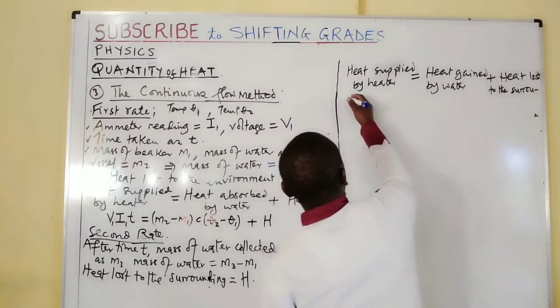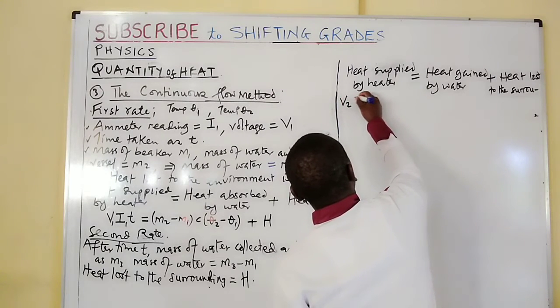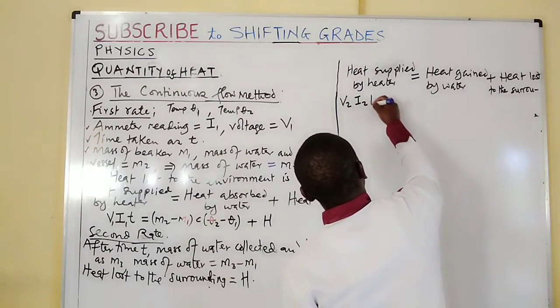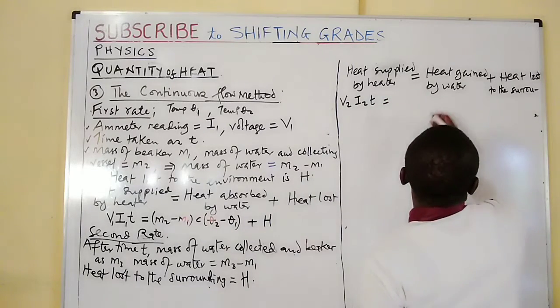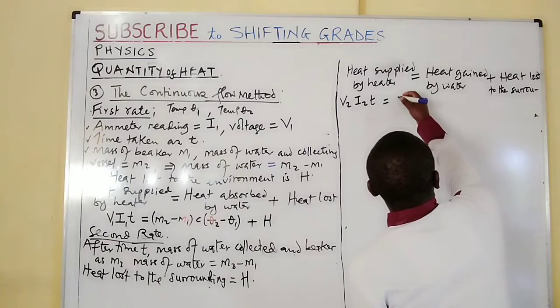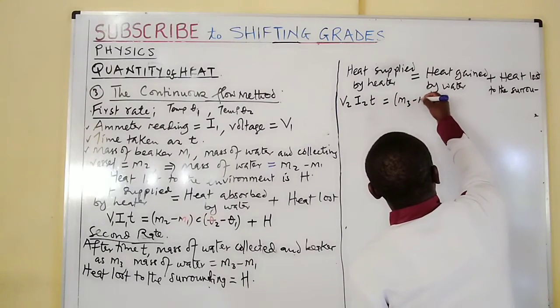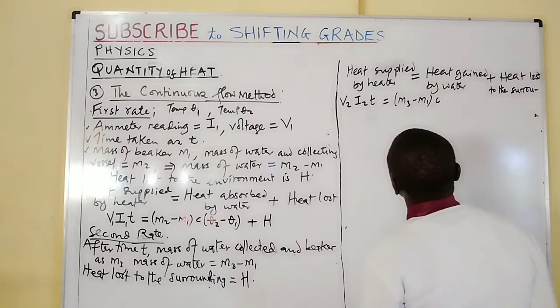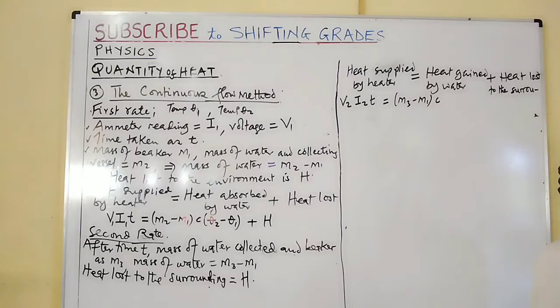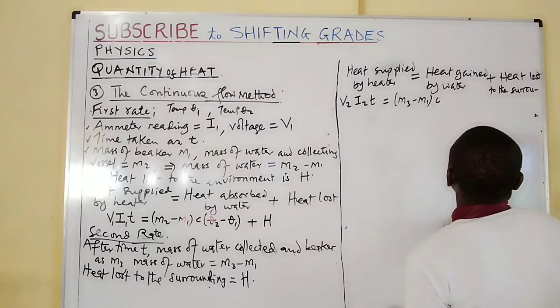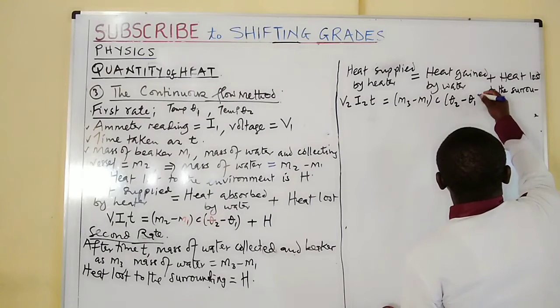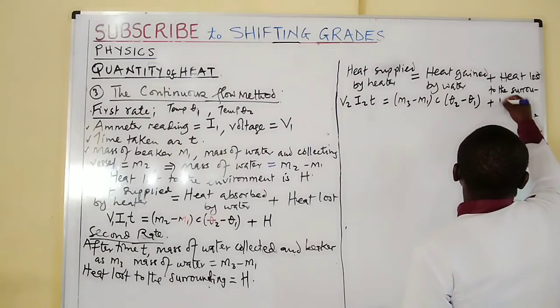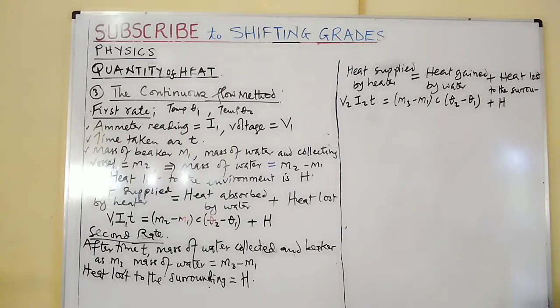Therefore here we shall have current 2 and voltage 2 times t is equal to heat gained by water, which will be now mass minus the empty beaker times specific heat capacity of water times change in temperature, so the first minus the second reading of the thermometer, then plus heat lost to the surrounding.